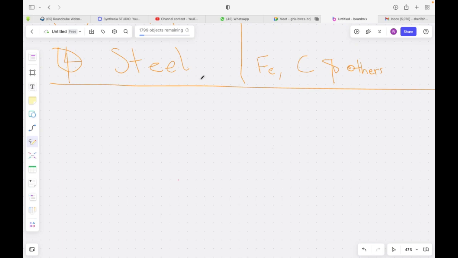So if you want a stainless steel, then you need chromium to combine with iron.